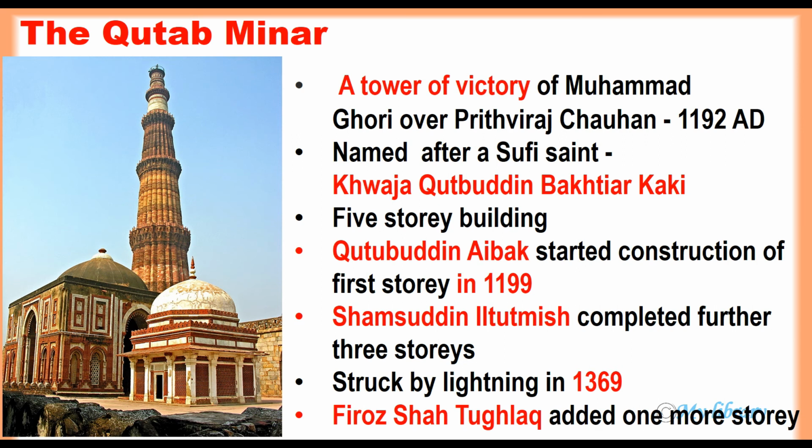Qutbuddin Aibak, who was a deputy of Muhammad Ghori, started the construction of the Qutab Minar's first story in 1199. Aibak's successor and son-in-law Shamsuddin Iltutmish completed a further 3 stories. When the Minar was struck by lightning in 1369, Firoz Shah Tughluq replaced the damaged story and added one more. So you see, the Qutab Minar is a 5-story building.